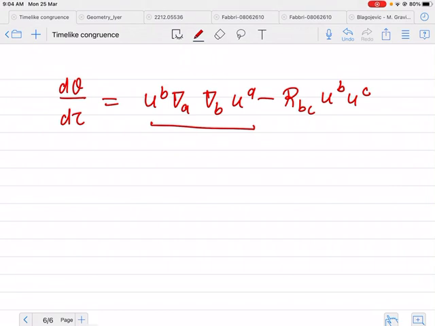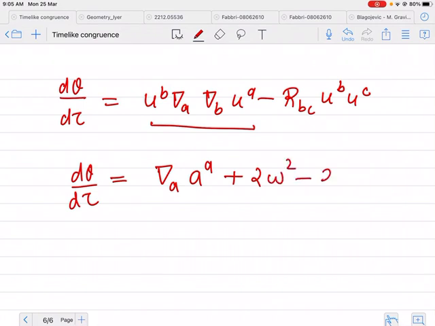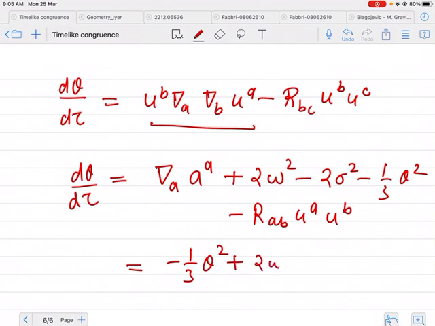So after some mathematical jugglery, we can find that d theta over d tau is del_a a^a plus 2 omega squared minus 2 sigma squared minus 1/3 theta squared minus R_ab u^a u^b, and it is the very famous Raychaudhuri equation. For a geodesic congruence, we can write it this way: d theta over d tau equals minus 1/3 theta squared plus 2 omega squared minus 2 sigma squared minus R_ab u^a u^b, as the acceleration term is 0. So it is nothing but the very famous Raychaudhuri equation.